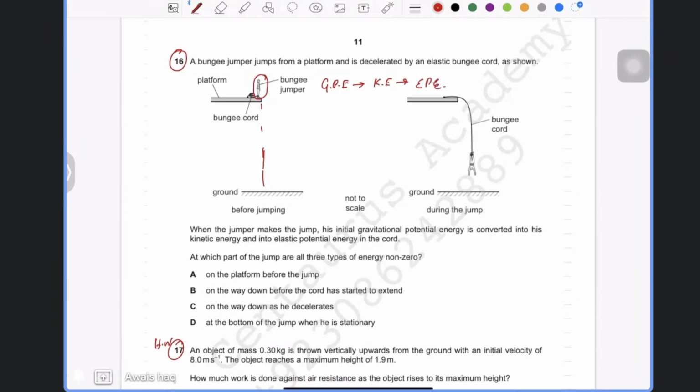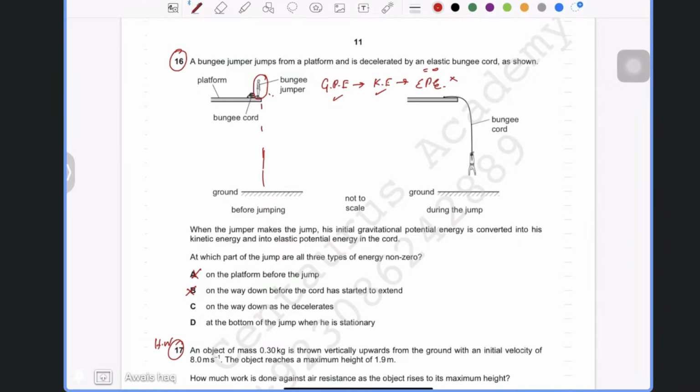So here right now these two energies are completely zero. So this could not be the answer because we need all non-zero values. On the way down, before the cord has started to extend, it does not have elastic potential energy right now. So in that case you have this one, but not this one, so that's not the answer.